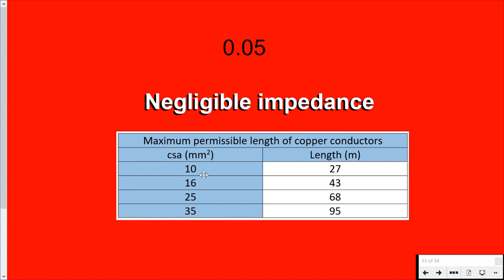So if that was a 27 meter length 10 mil conductor, then rather than 0.05 ohms as your expected max, you're then going to expect a max of 0.1 of an ohm. That's taking into account contact resistance.